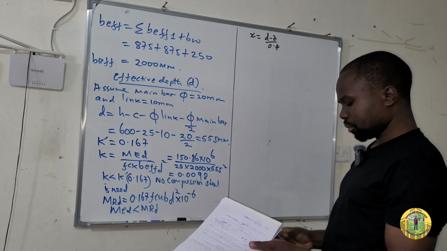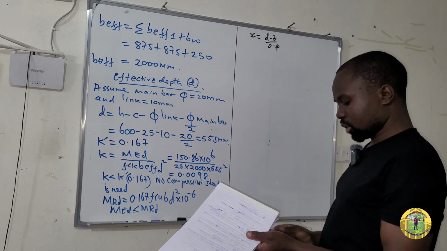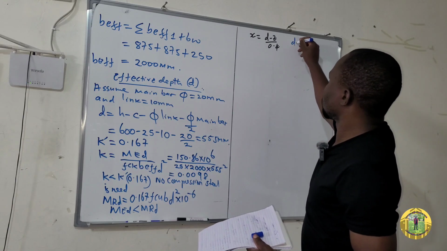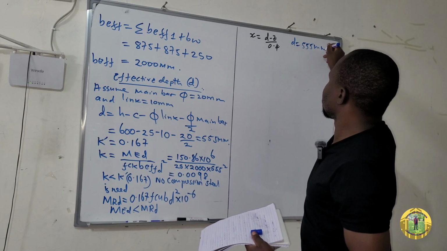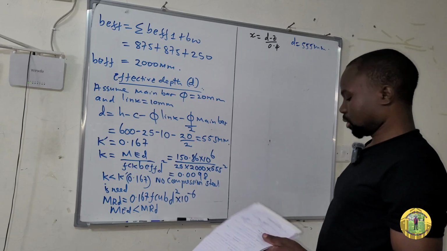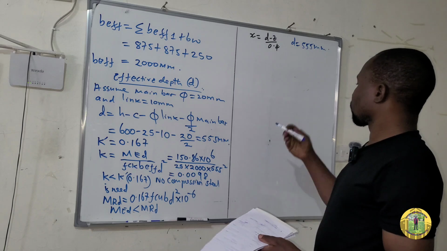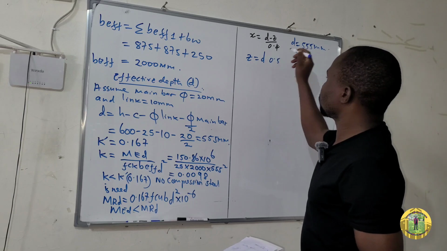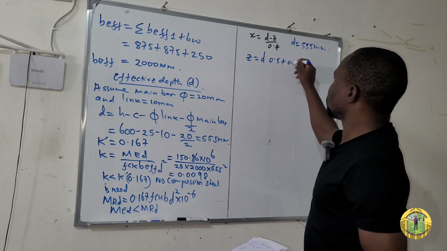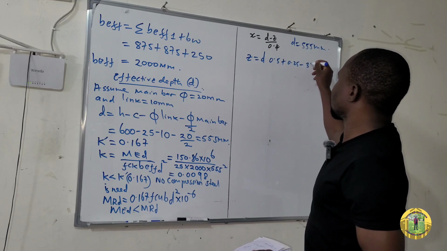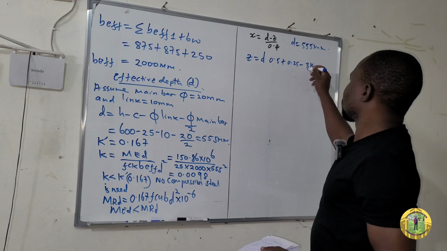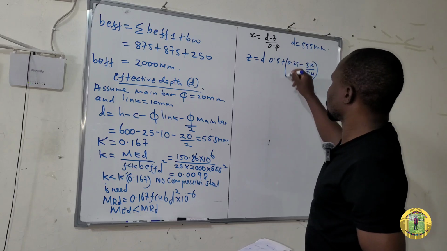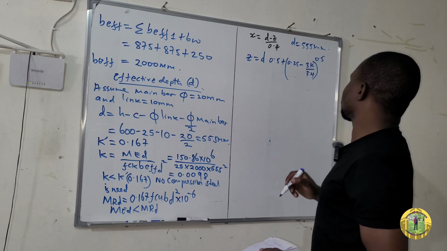We know that D is equal to 555 millimeters, and the Z is equal to D times 0.5 plus the square root of 0.25 minus 3K all over 3.4, raised to power 0.5.